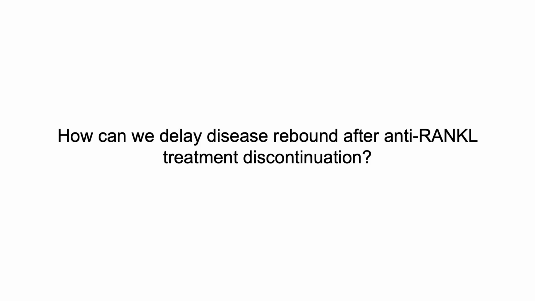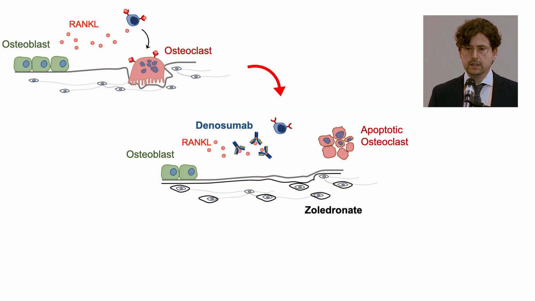So, keeping this in mind, we started seeking some strategies to prevent or delay the disease rebound associated with the anti-RANK ligand treatment discontinuation. And what we thought is to first treat the mice with the anti-RANK ligand, that is a murine analog of denosumab, in order to not only eliminate all the osteoclasts there, but also to allow the bone formation and mineralization of fibrous tissue.